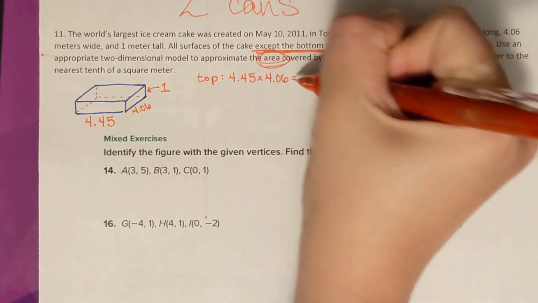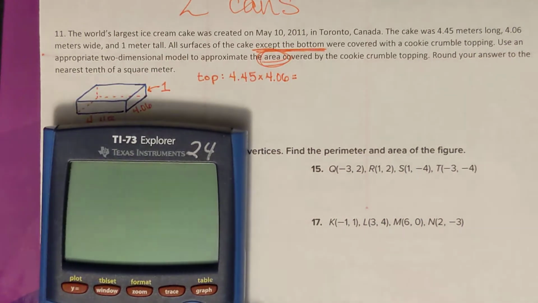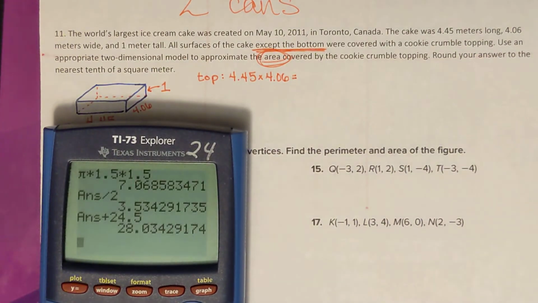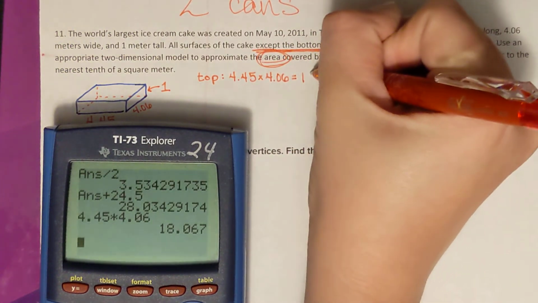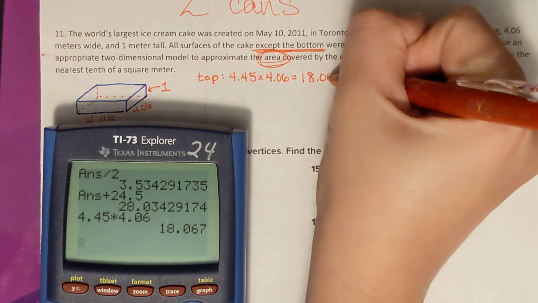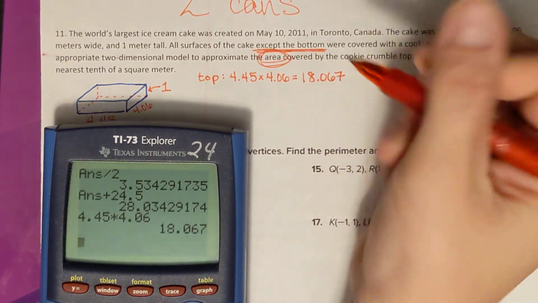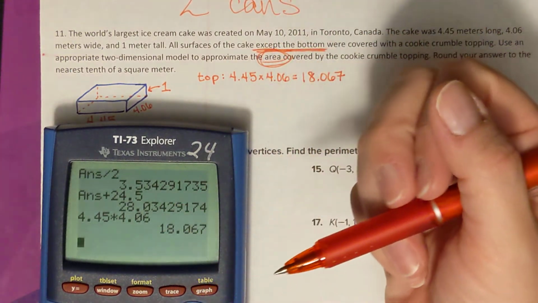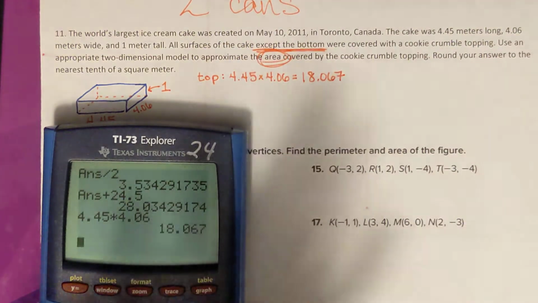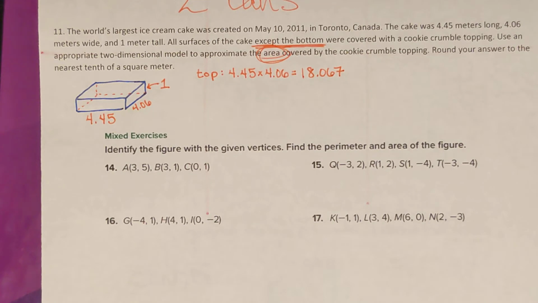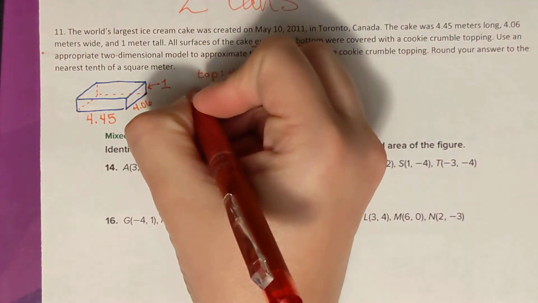So we're just going to use whatever that equals. So let's see. 4.45 times 4.06. Should get 18.067. Alright, I'm not going to round these till the very, very end when I'm all done with my problem. That's why I wrote out the whole thing. Just so you know. Okay? So that's the top of the cake.